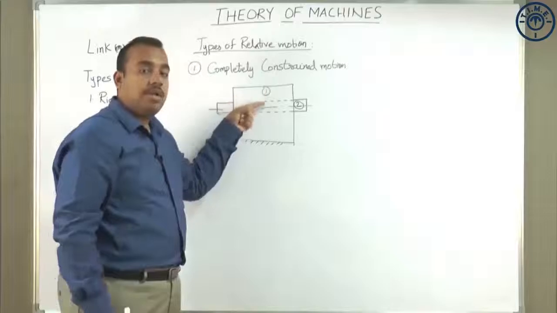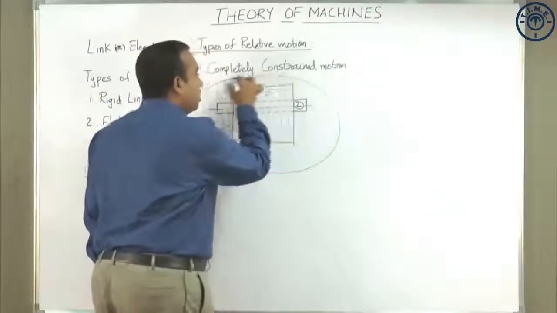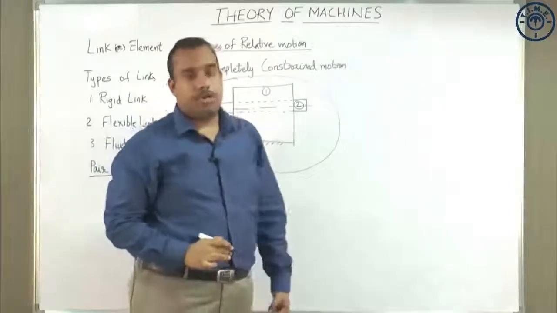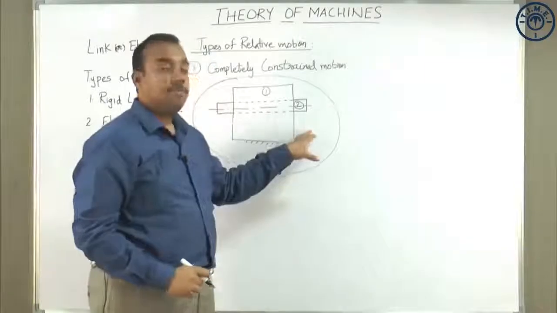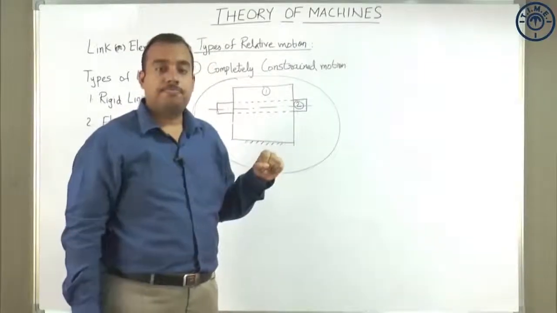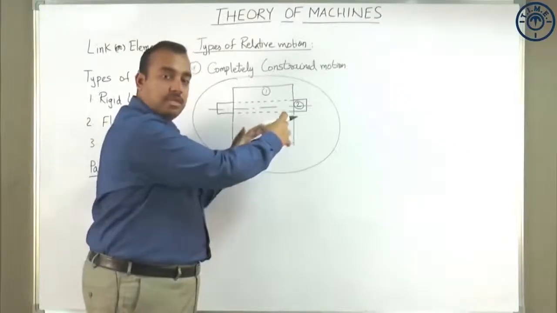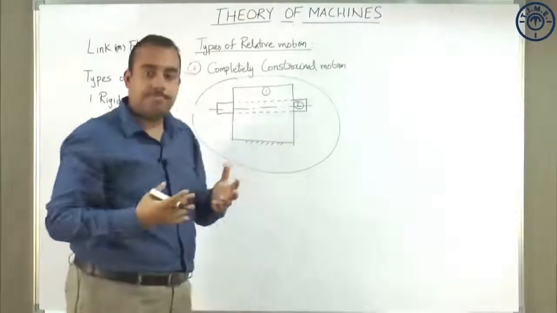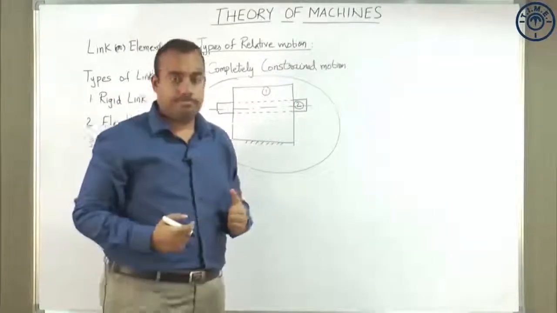Here between link 1 and link 2, we are defining this as the boundary. Now, boundary is one which separates the system from the surrounding. All the elements which are there inside the boundary form the system, and everything external to the boundary is the surrounding.